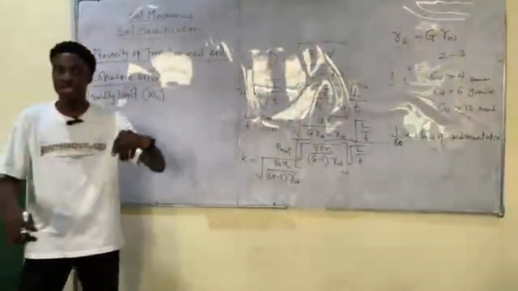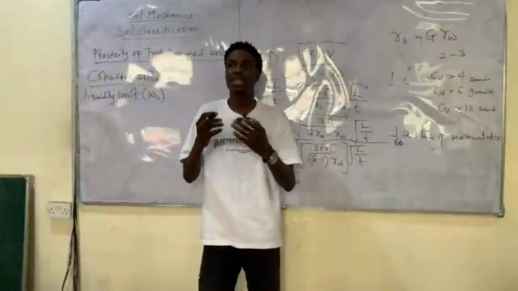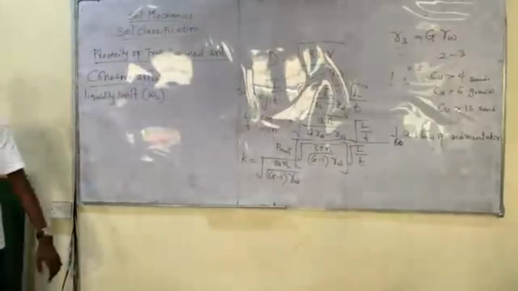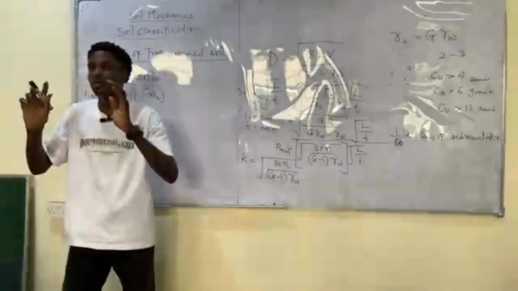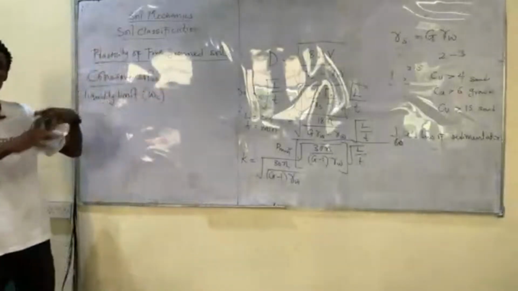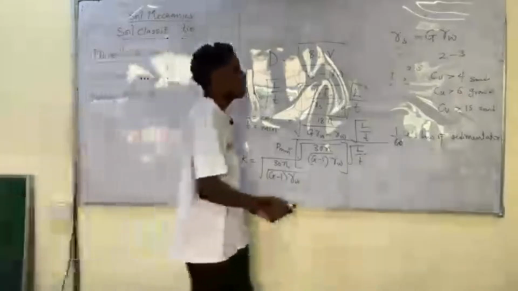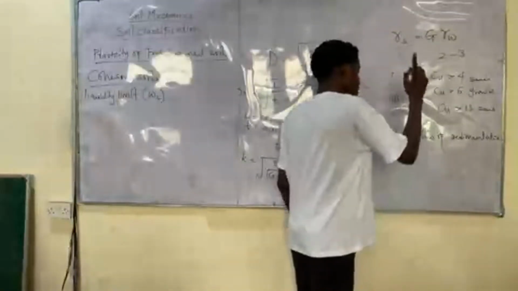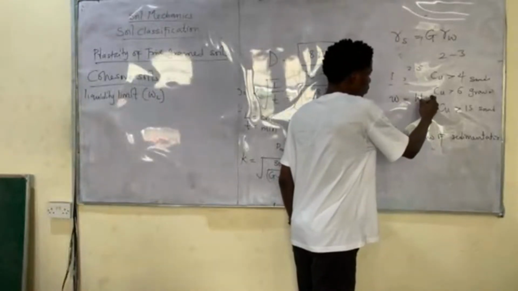It is that point at which the soil no longer exhibits a liquid nature, and then it now begins to assume a plastic nature, right? And one thing you should also notice, for everything we are doing here, it's all in relation to the water content. Recall when we did soil phase diagram, we spoke about water content, we represented it with the small w.